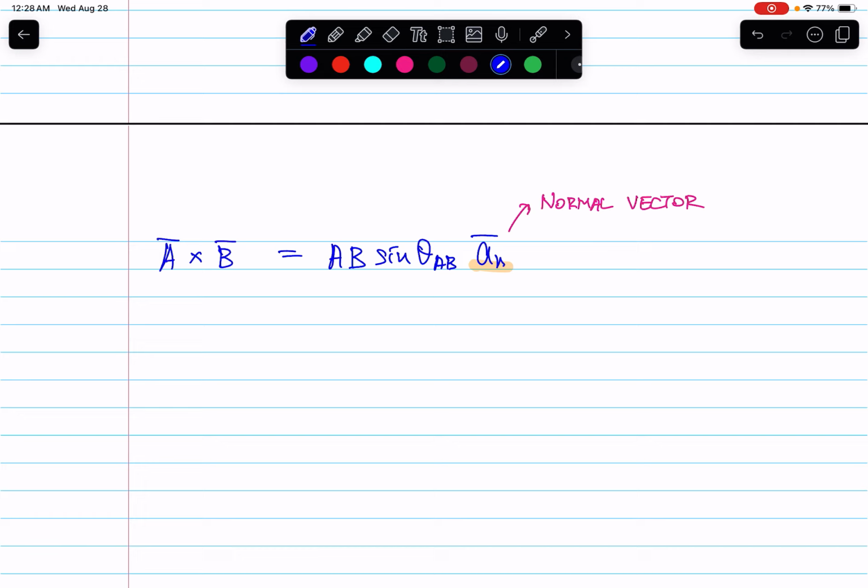You put AX, AY, AZ, and then the magnitude components, BX, BY, BZ. So this is basically vector A and vector B. You just arrange it in this way, and the top row is the base vectors.